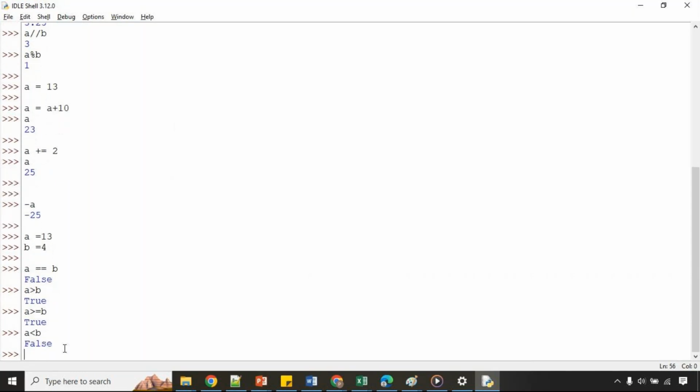A is less than B, A less than or equal to B. So what you have to understand is that a relational operator always returns the Boolean value. So for greater than, it can be true or false: it is greater than or not.